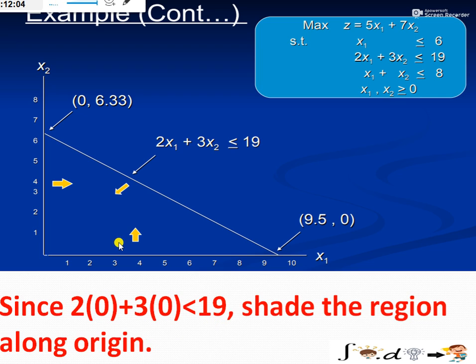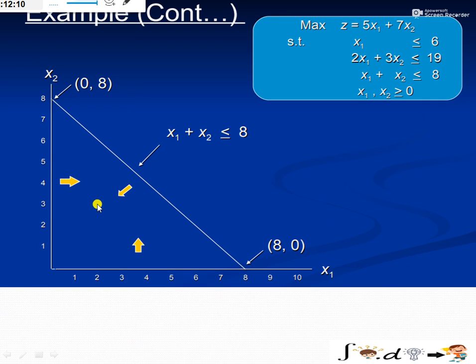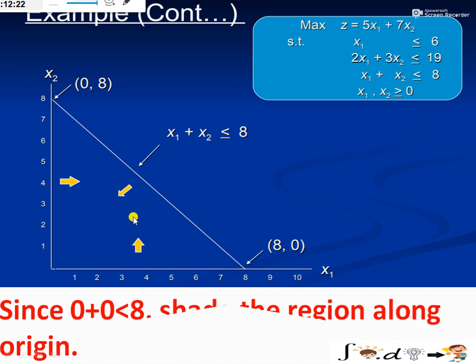And shade the region along the origin, यानी कि इसका भी हमने इस तरफ ओरिजिन की तरफ शेड करना है. And now the next equation is x1 plus x2 is less than equal to 8. This is the graph. और इसके लिए भी हमने ओरिजिन के कोऑर्डिनेट सब्स्टिट्यूट किए, यानी कि 0 plus 0 less than 8. Shade the region towards origin.